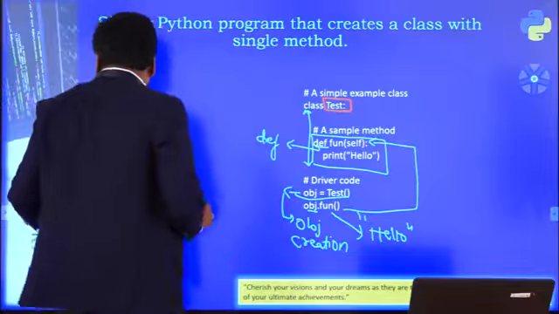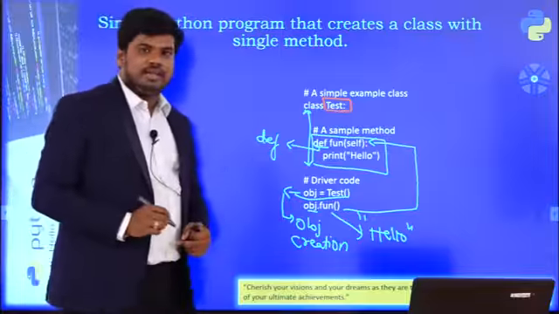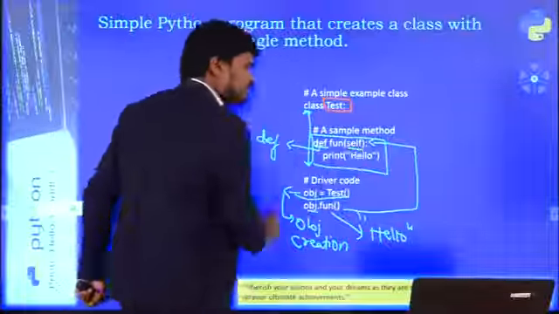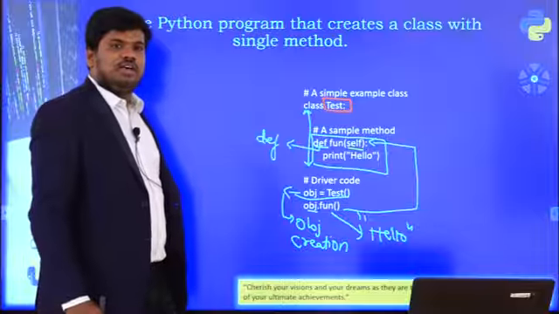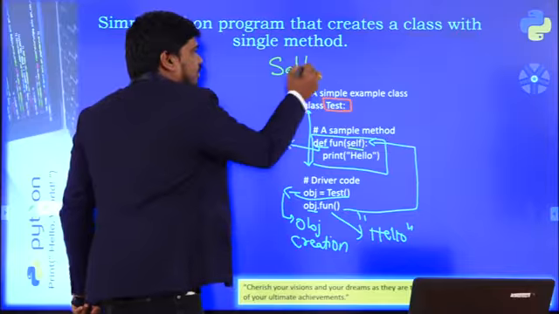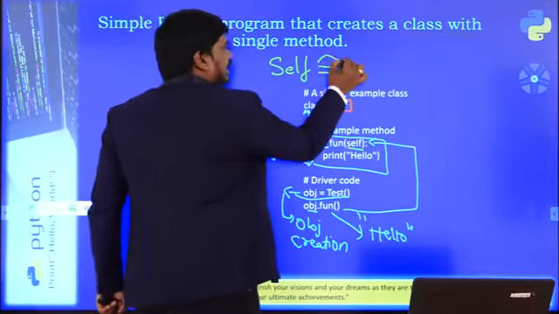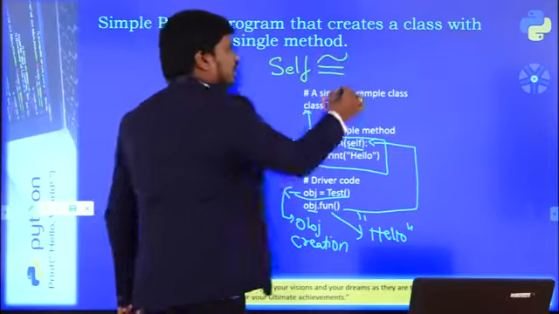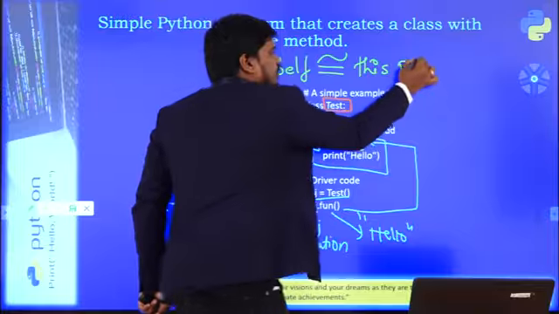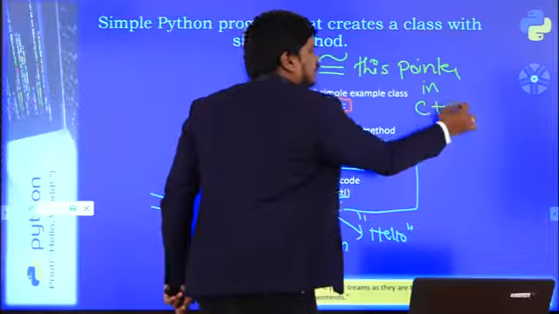But if you have observed carefully, there is one more keyword I have missed while explaining it. The keyword that I have used here is self. This is very, very important. Self is a keyword equivalent to the this pointer in C++.